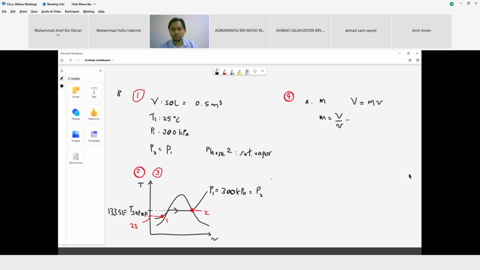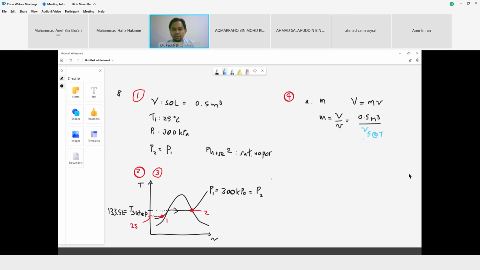We have V is 0.5 meter cube. How about this v? This v is actually vf at the given temperature.